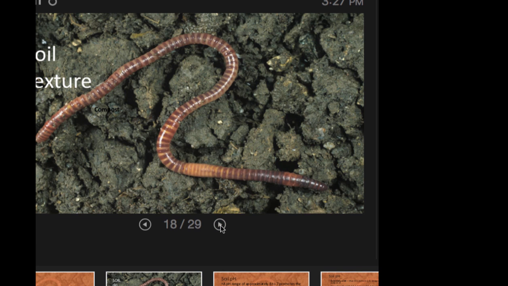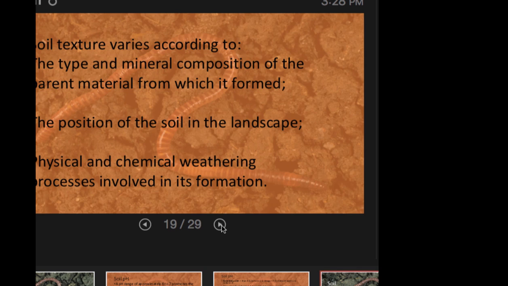It's just a guide. Okay, so when we look at soil, texture will vary according to the composition, and as soil slowly forms, it sorts itself out into layers, which are called horizons. The soil texture is going to vary according to the type of mineral composition and the parent material, where it's coming from.